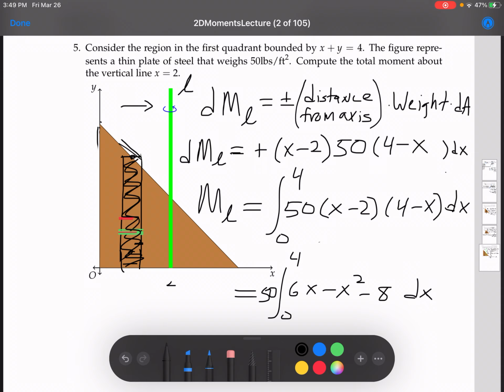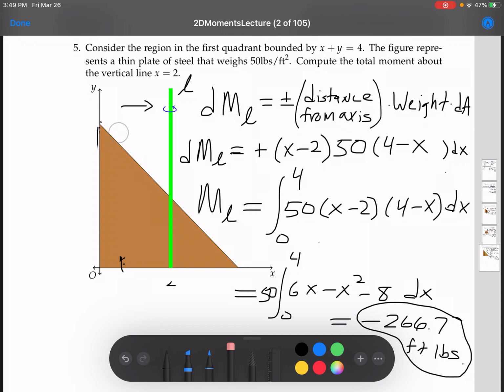When we do this math, we get negative 266.7 foot-pounds. And that's our moment about L. Now you should ask yourself, does this negative value make sense? And if you think about it, it actually does, right?